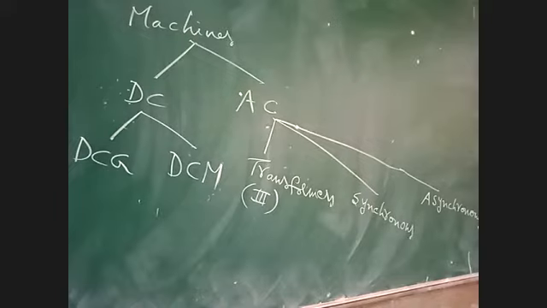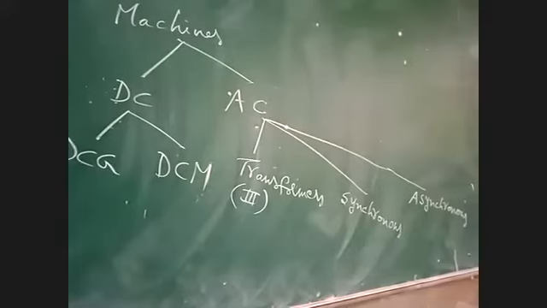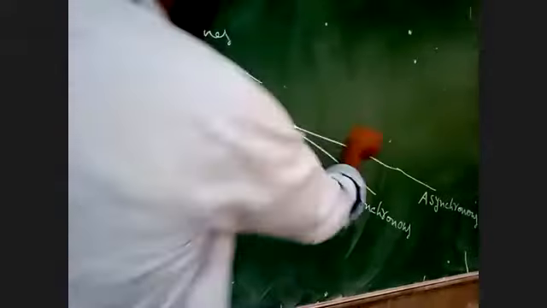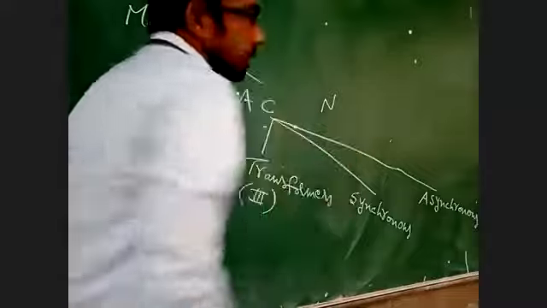If you observe the speed, has anybody observed what is the speed of the motor in your house? Anybody observed the nameplate? It is written on the motor itself. If you have not seen, you can see later. See here, n is the speed of the motor.